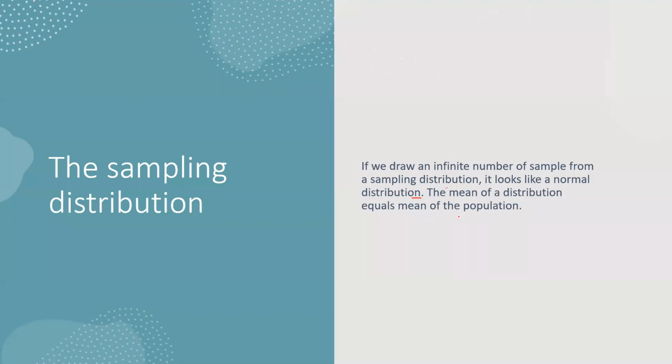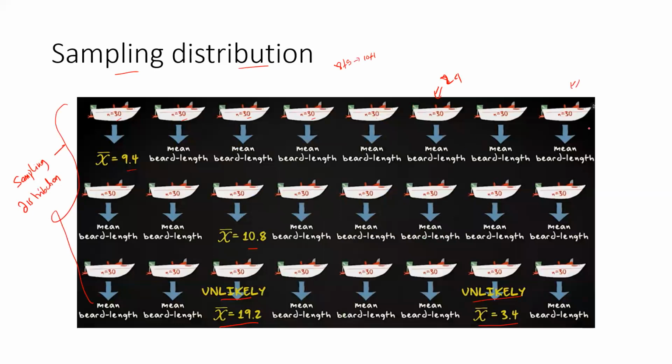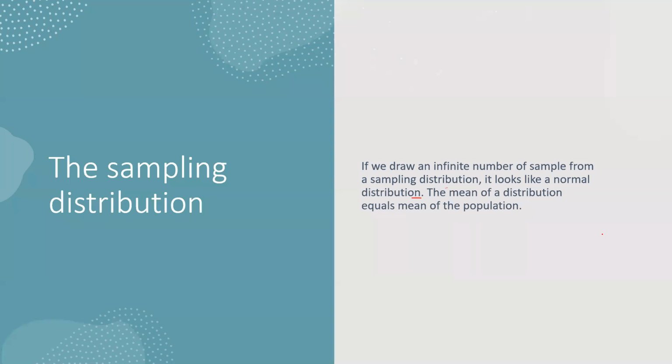It should look something like a normal distribution, where the mean of the distribution is equal to the mean of the population, which means all this computed data is my population, and this one is my individual sample, right? What it says is, the mean of the distribution equals the mean of the population.